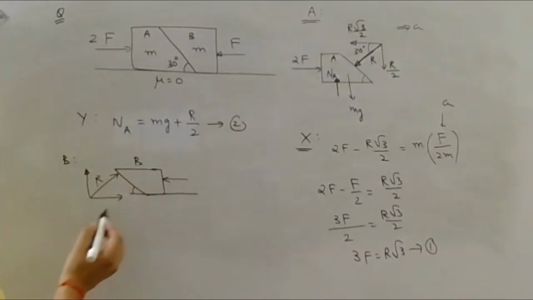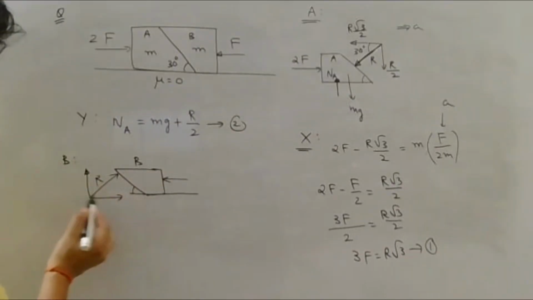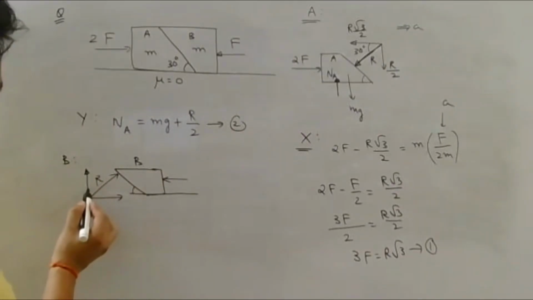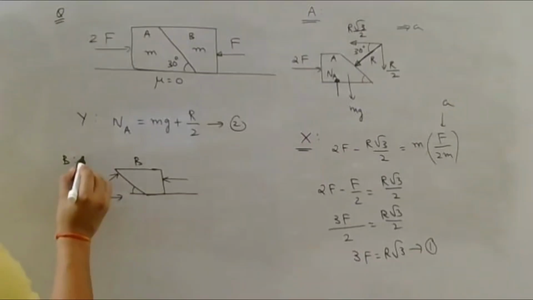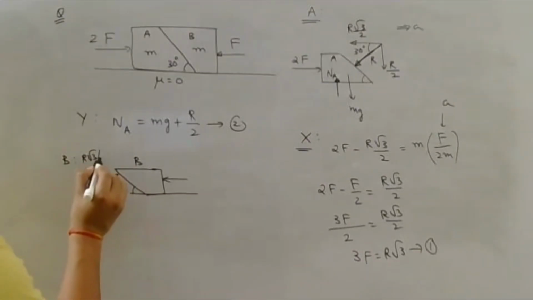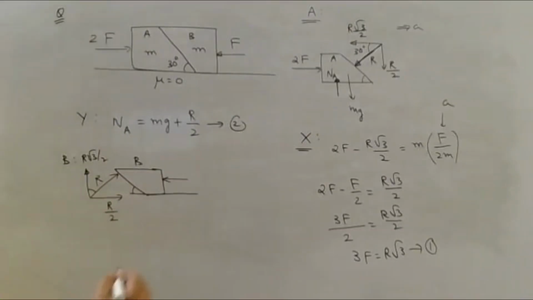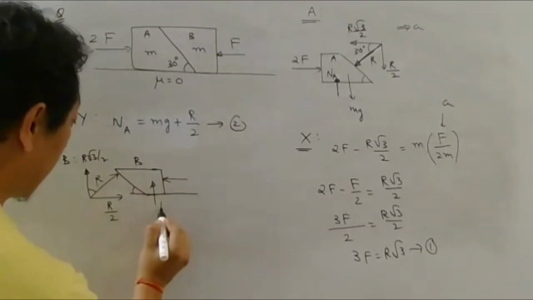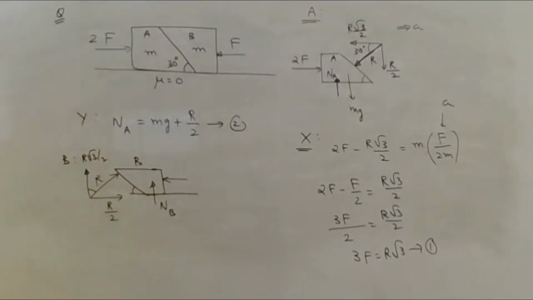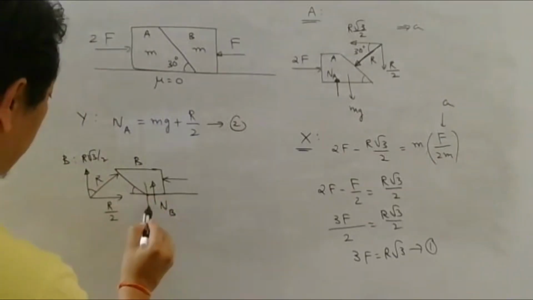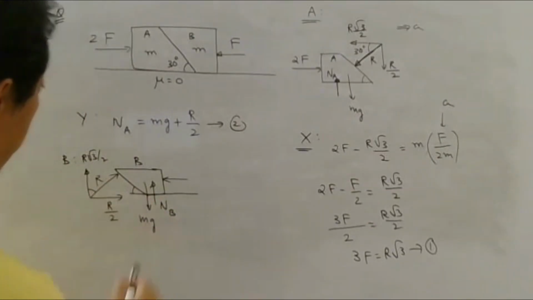If this is 30, perpendicular to this is this, perpendicular to this is this, so this is also 30. So this is R root 3 by 2. This is R sin 30, R by 2. Here the normal force will be N_B, and mg also I have to show down.